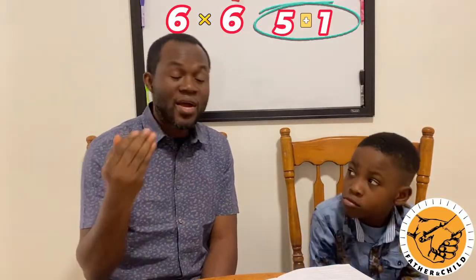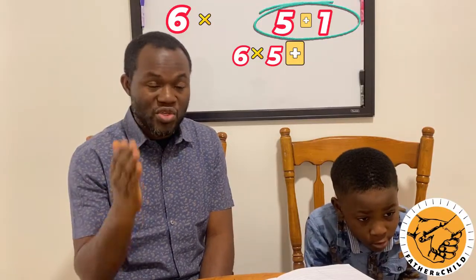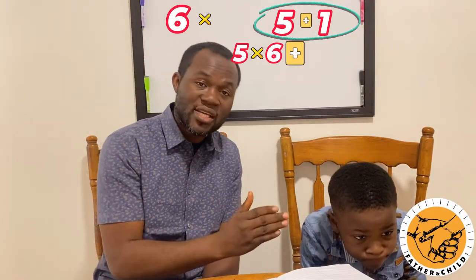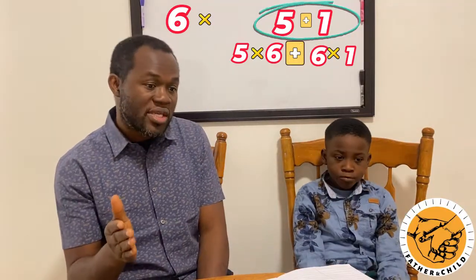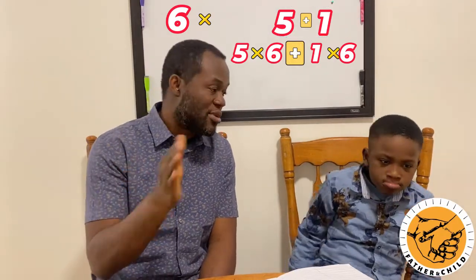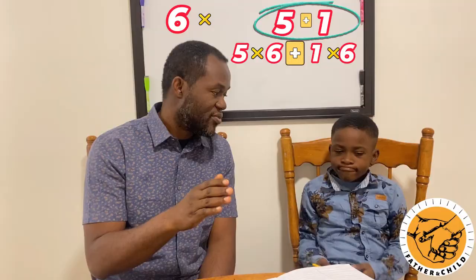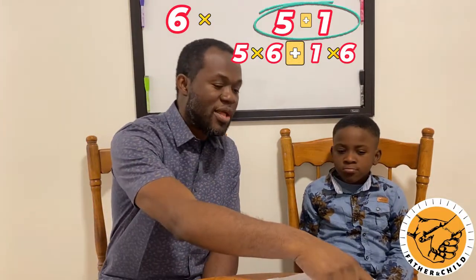And then you're going to have 6 multiplied by 5 first, which is the same as 5 times 6, plus 6 multiplied by 1 next, which is the same as 1 multiplied by 6. And 6 multiplied by 5 or 5 multiplied by 6 will give you what? 30.